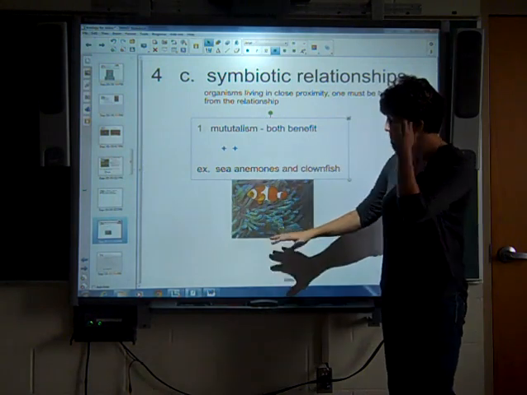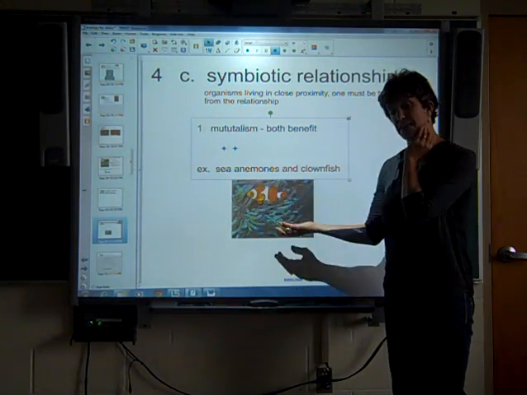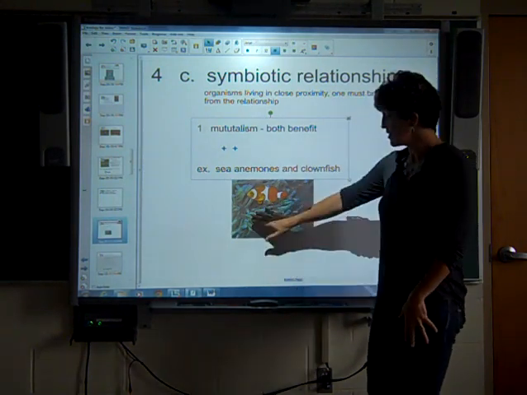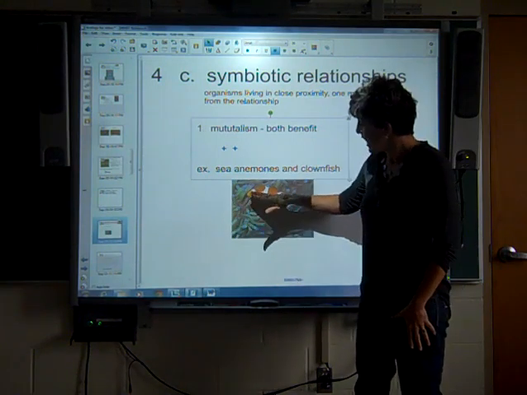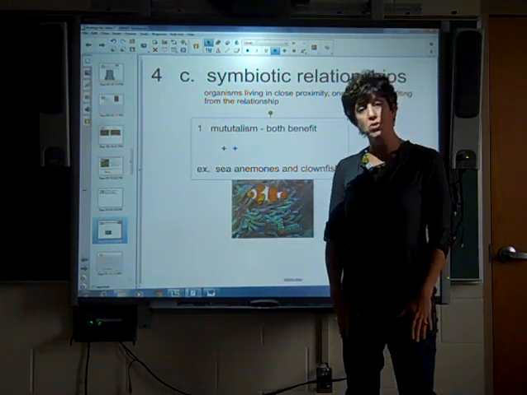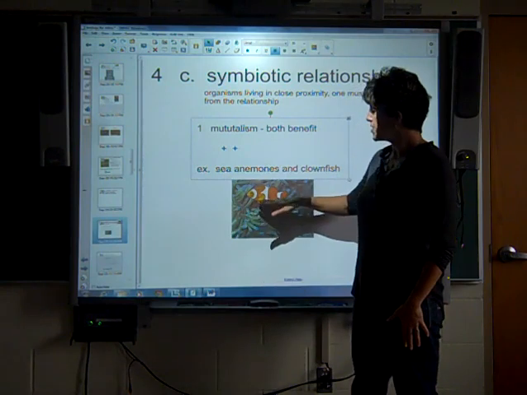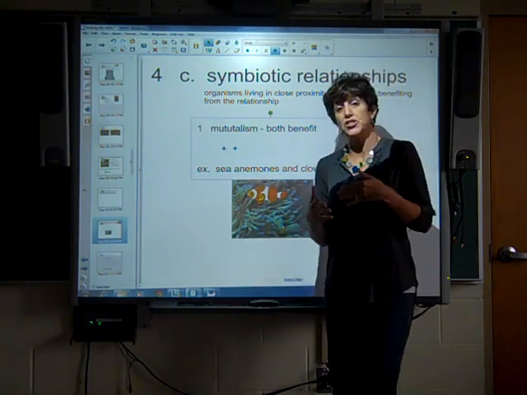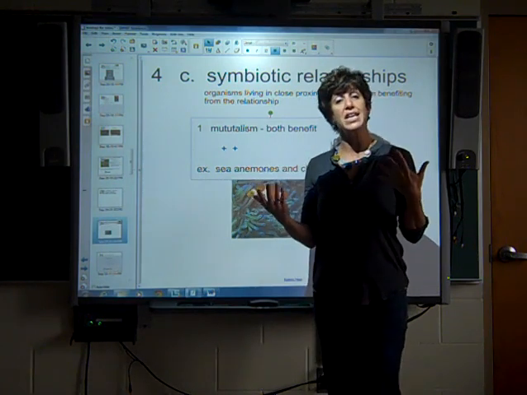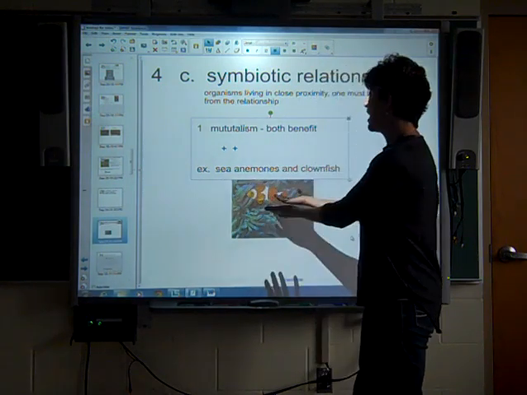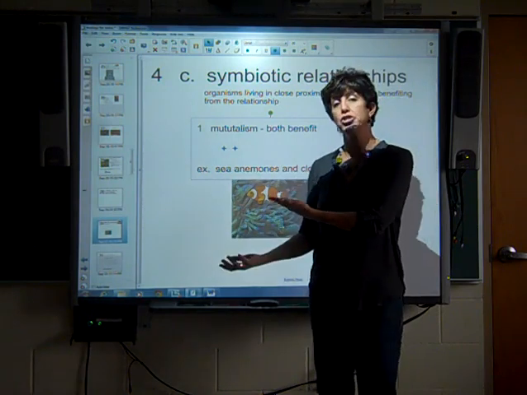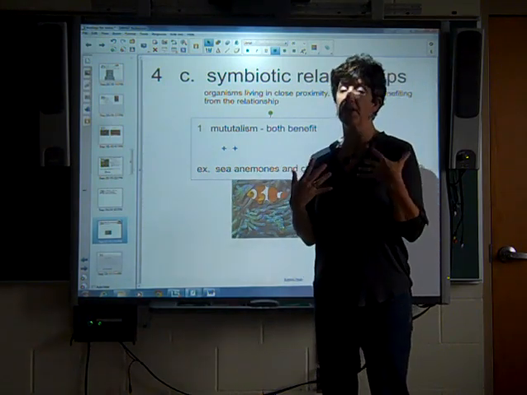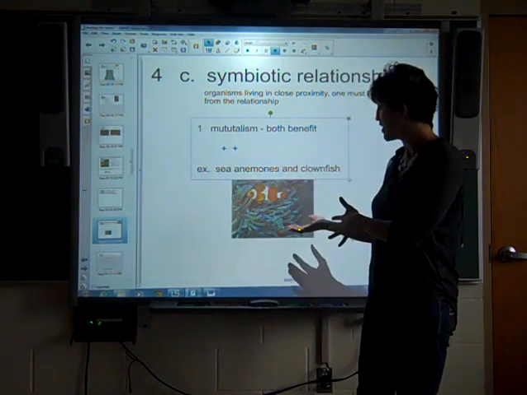So I put the example here of our little fish. Here's our little Nemo. And this is a sea anemone. So clownfish and sea anemones have a mutualistic relationship. First of all, the anemone offers protection for the clownfish. It can hide in there, so it's less likely to be seen by predators. It has a very bright coloration, and so it needs a place where it could hide, and it can hide within this.